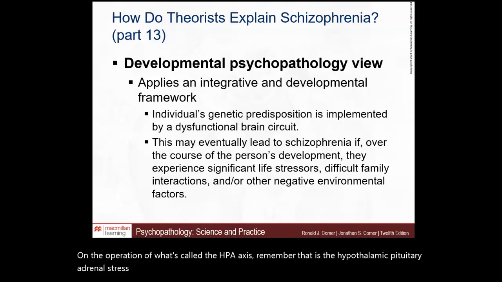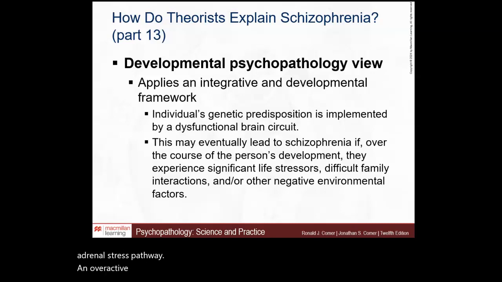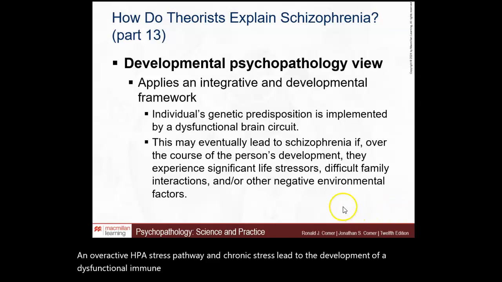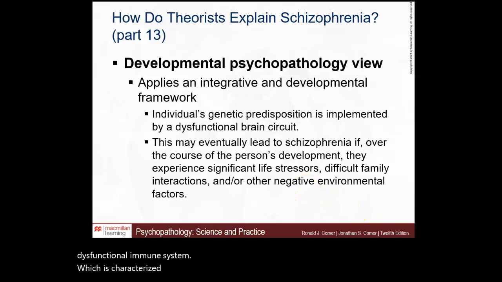An overactive HPA stress pathway and chronic stress lead to the development of a dysfunctional immune system, which is characterized by heightened inflammation throughout the brain.